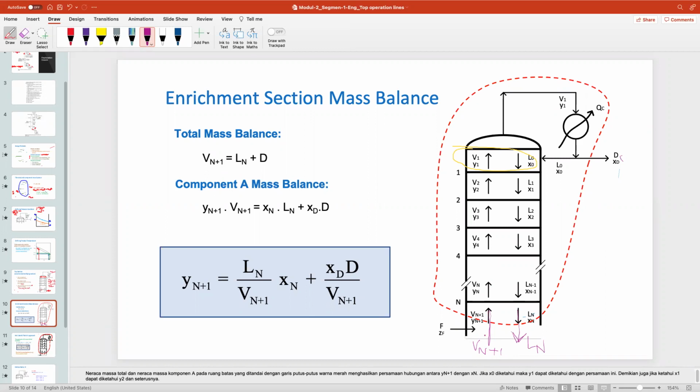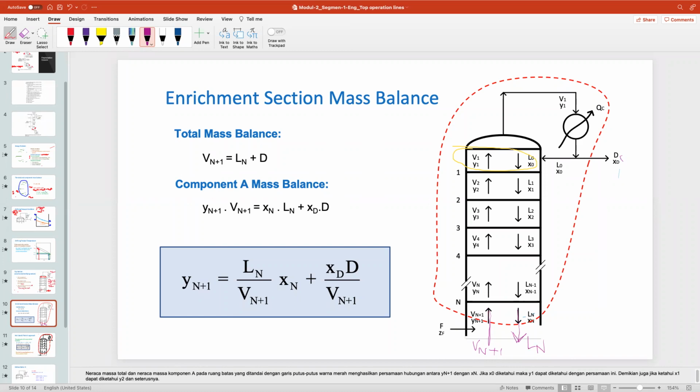So Vn plus 1 is the vapor that leaves tray N plus 1. Always for the naming: vapor is always leaving the tray, but liquid is always going to the tray. Vapor always leaves the tray, liquid always enters the tray. That's how we name it.